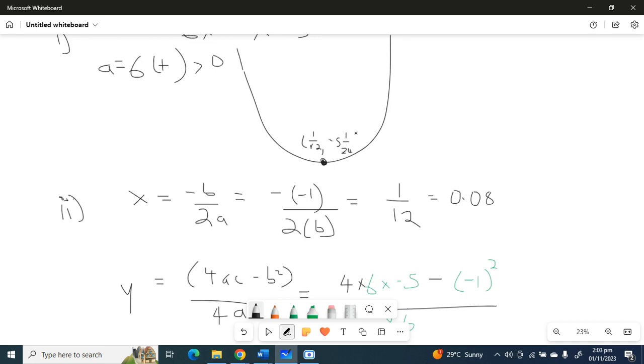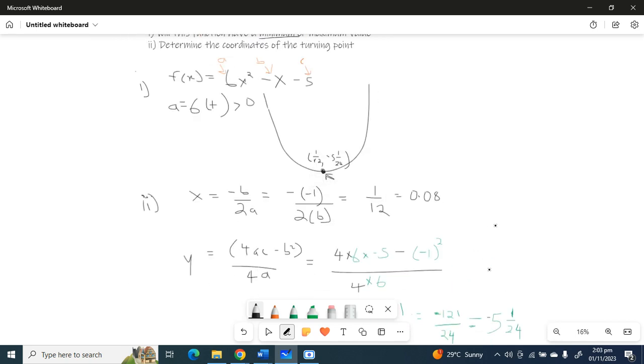Any questions? So that's how you find the coordinates of a turning point. And this is our minimum value here.